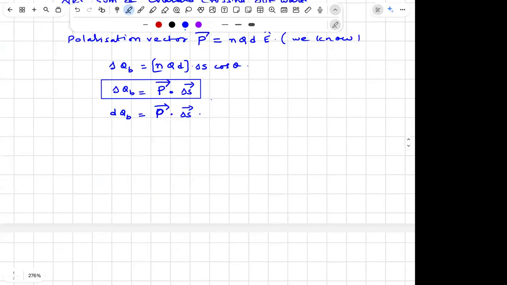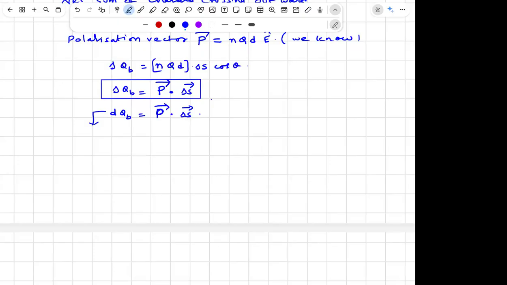Now imagine this particular equation holds not only for that; you can use bigger volumes also. At a microscopic region I have applied this.